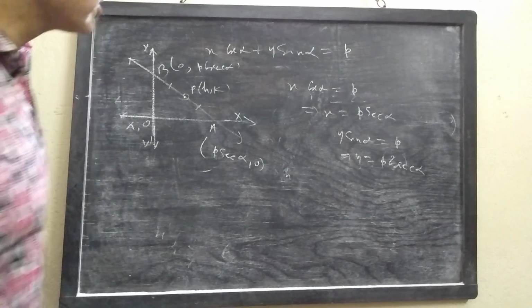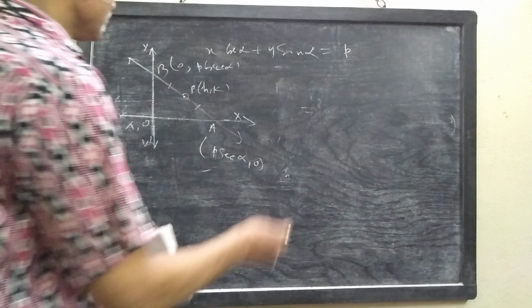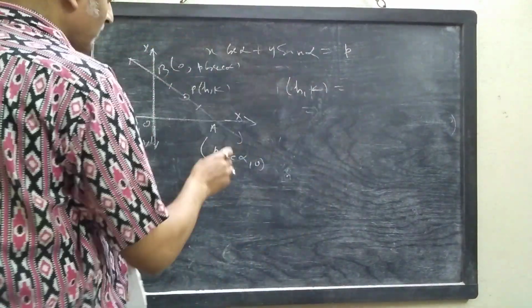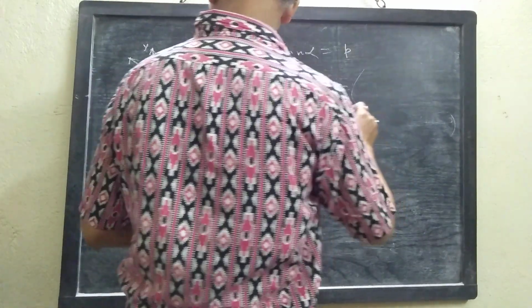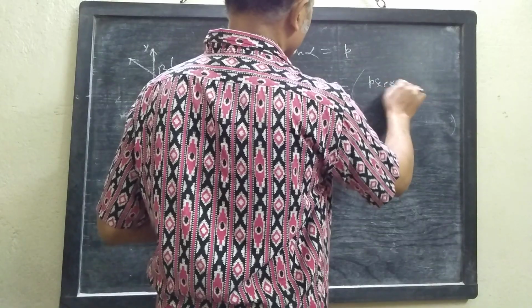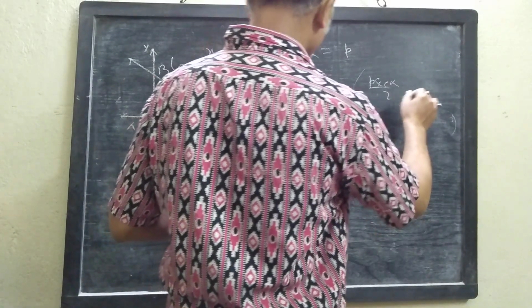Now proceed in a similar way. (h, k), this is the midpoint of AB. So this will be equal to (p sec alpha by 2, p cosec alpha by 2).